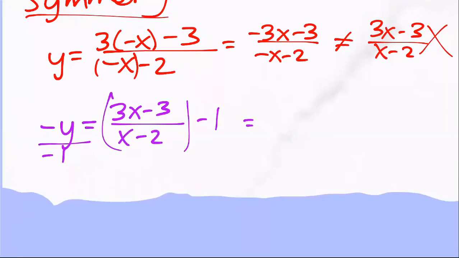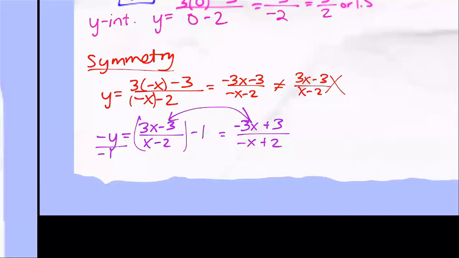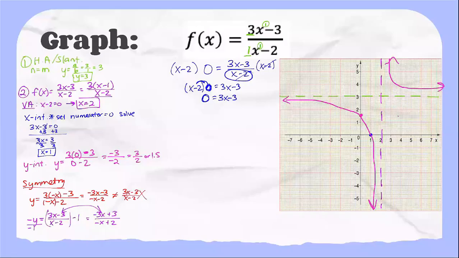And so that would give me -3x plus 3 over -x plus 2. That is not an equivalent expression. Those things are not the same. So it does not have symmetry top and bottom. So it doesn't look like this.